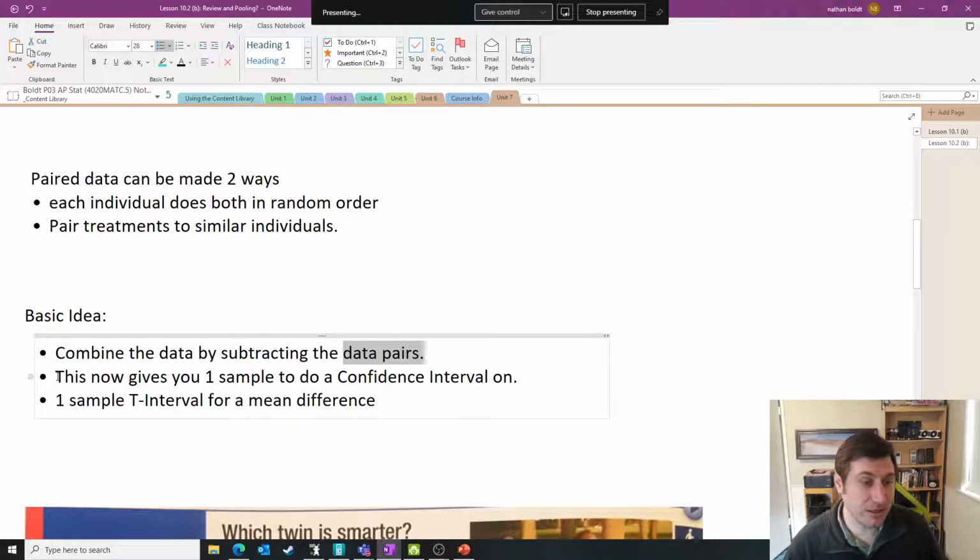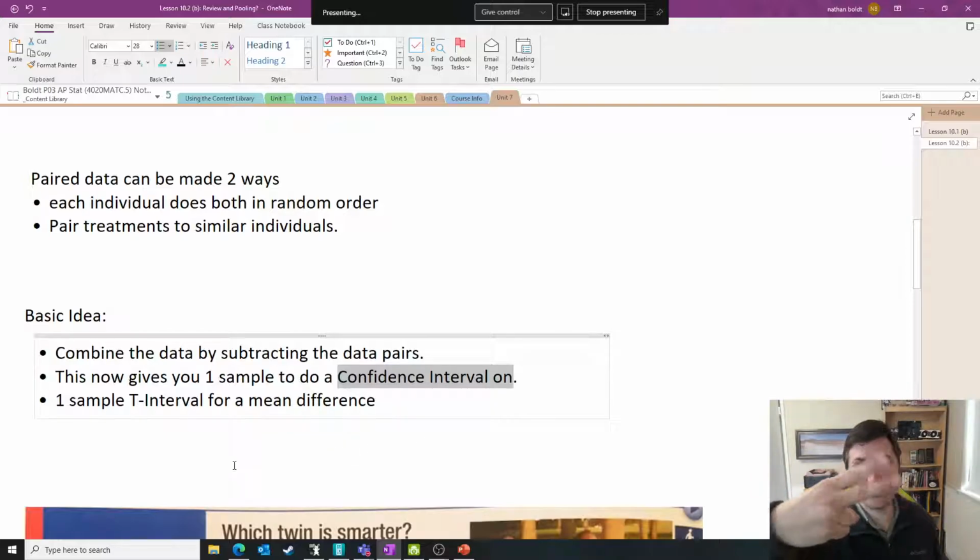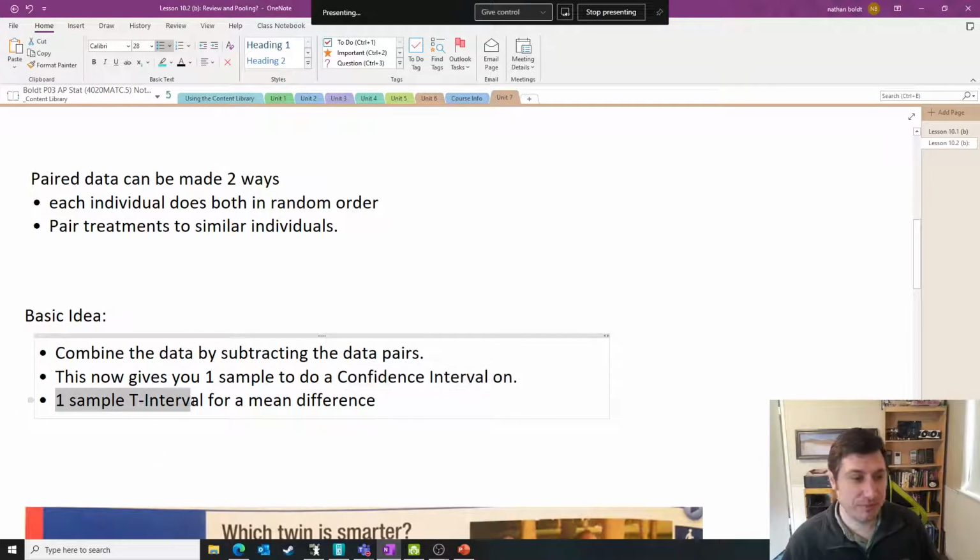This now gives you one sample, because you subtract them, and the result gives you one data sample to do a confidence interval on. Well, because we took the two samples and combined them into one, now we just do a one sample t-interval.